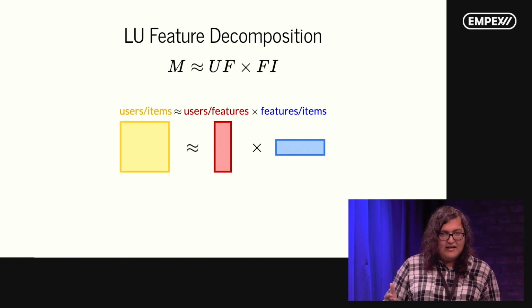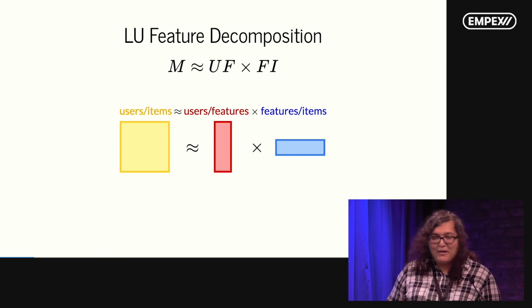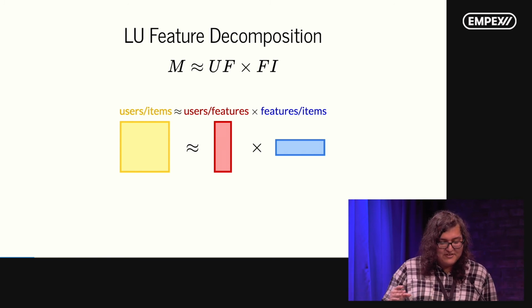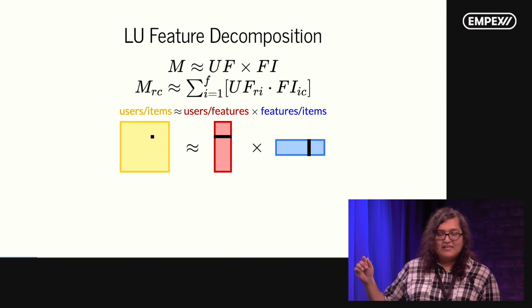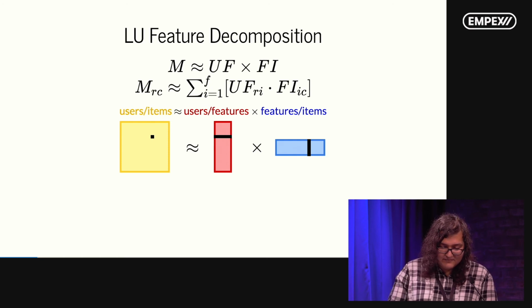So we use this thing called feature decomposition. I'm not a machine learning person, so I'm going to maybe fudge some of these terms. But the basic idea is you can factor a matrix into two smaller matrices. And so this matrix of all users and all items turns into two matrices of users by features and items by features that we then can multiply together to get the value for a single entry in the original matrix.